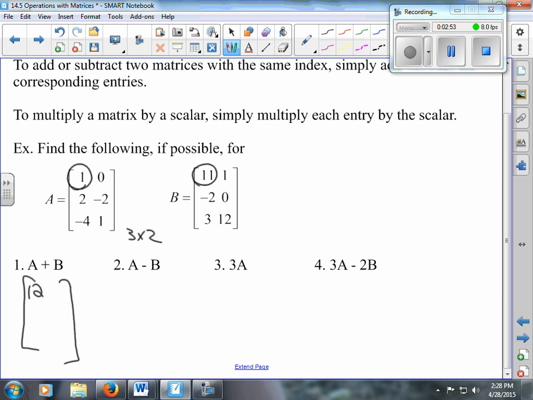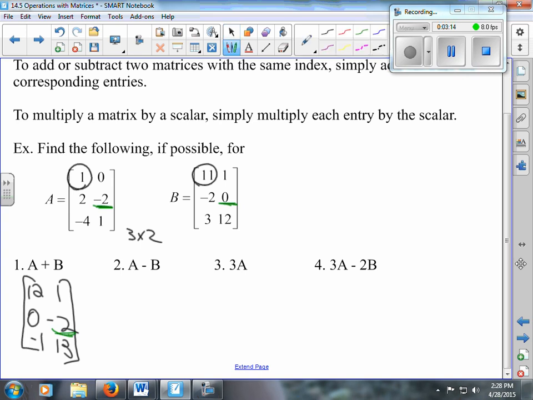And so this is simply 12, 1, 0, negative 2, negative 1, 13. And I just got that by adding corresponding entries, right? So from row 2, column 2, I added negative 2 and 0 and got negative 2.